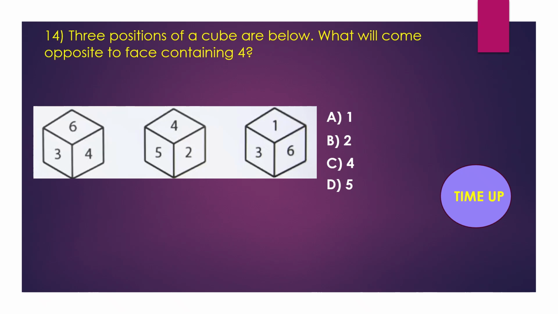So here 3 positions of a cube are given. What will come opposite to the face containing 4? So 3 cubes are there. See in which 2 cubes you can find the similarity.